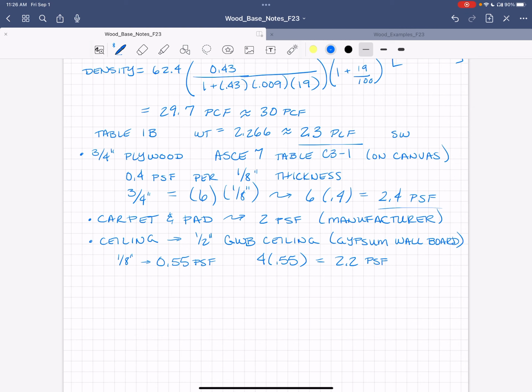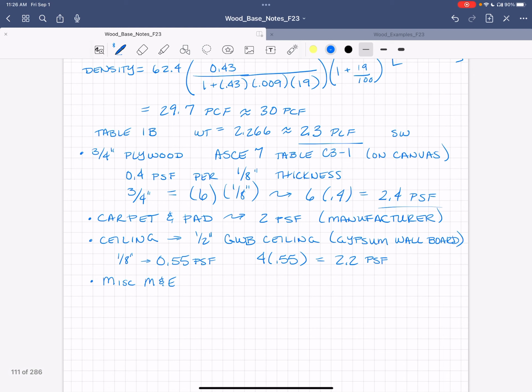And finally, we have M&E: miscellaneous, mechanical, and electrical, and that's all the other stuff you're going to hang off of here. It depends on residential and what have you. But in addition to the known additional dead load, we're going to add in 5 PSF from the table.